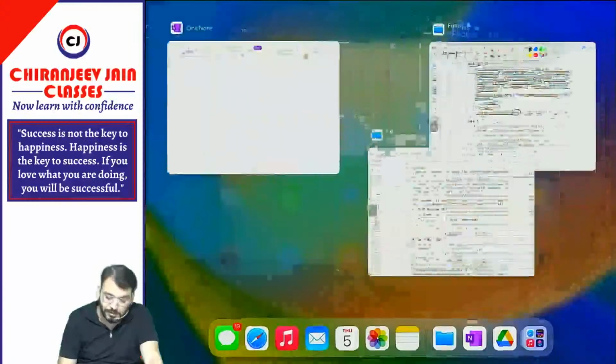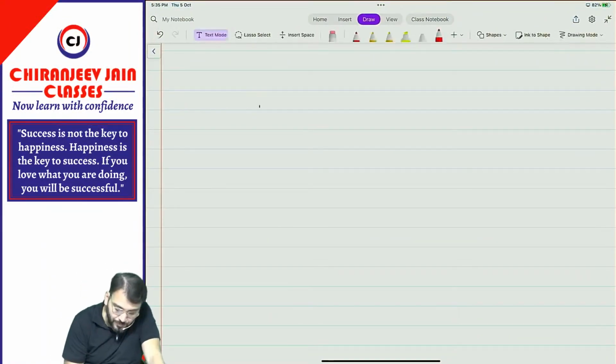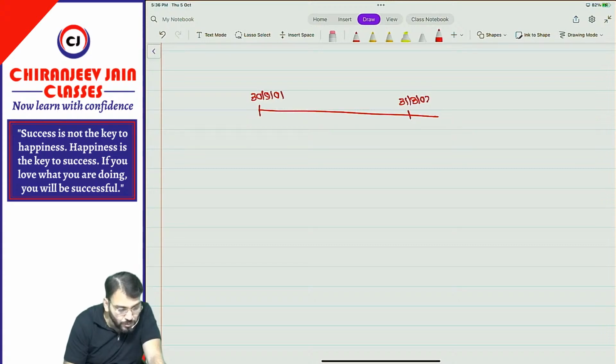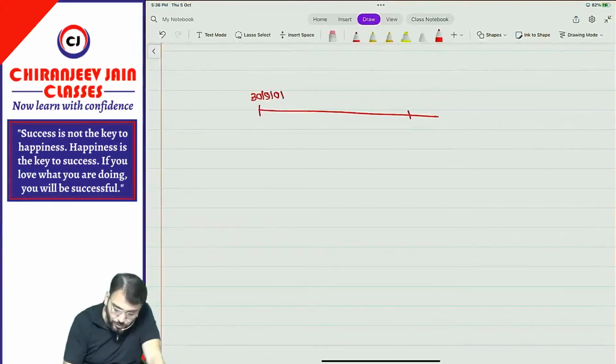Now just try to understand the question. They have given two dates. First date they have given is 30th September 2001. Second date they have given is 31st March 2002.